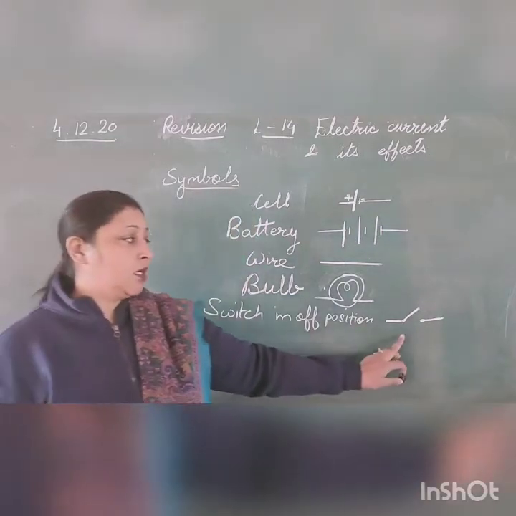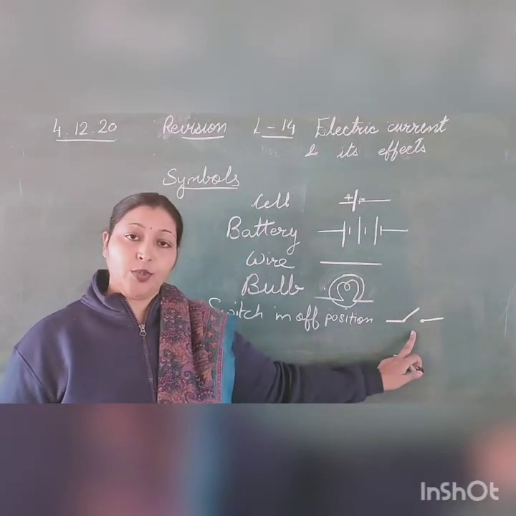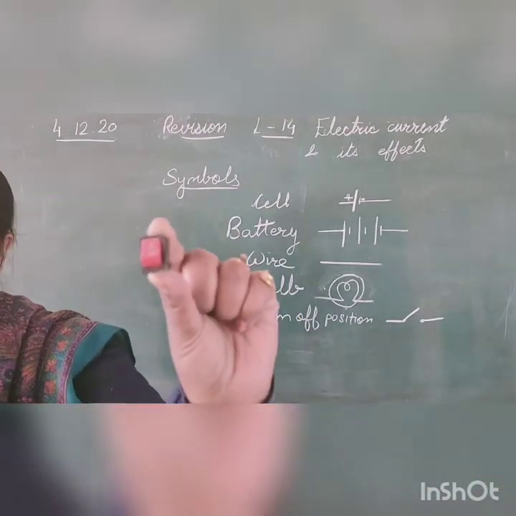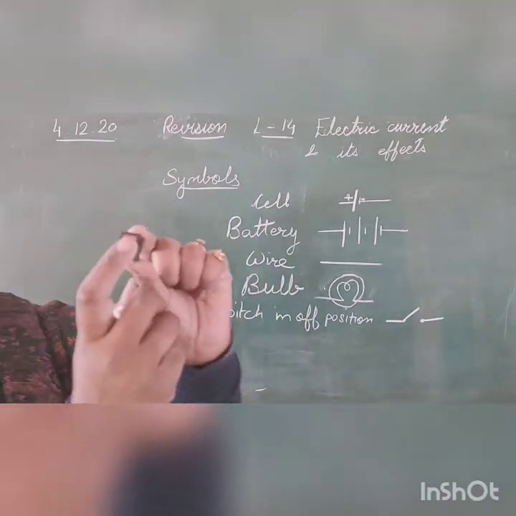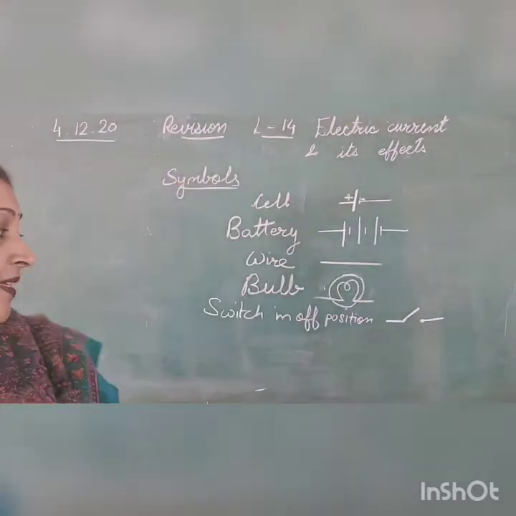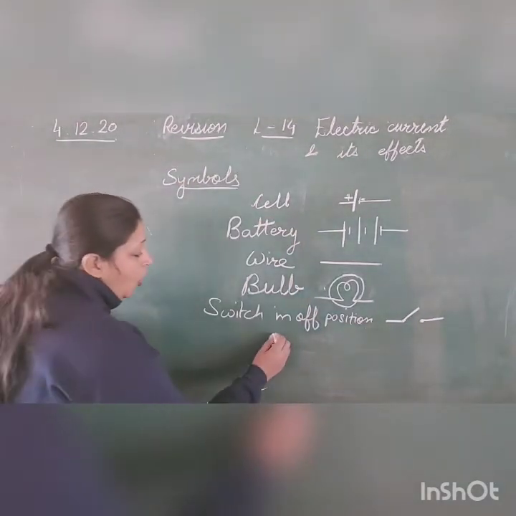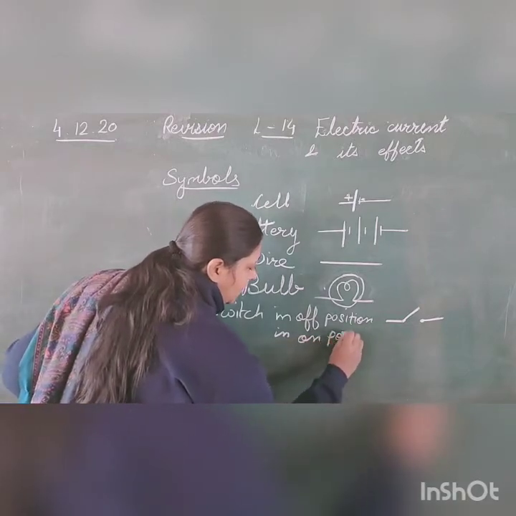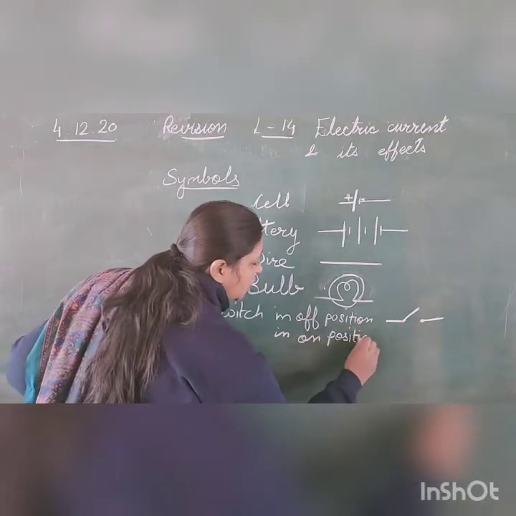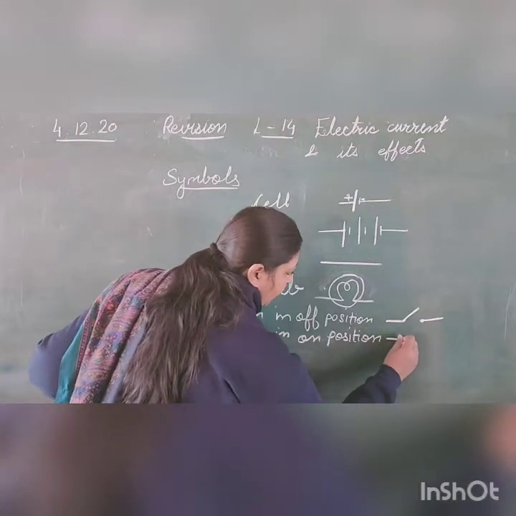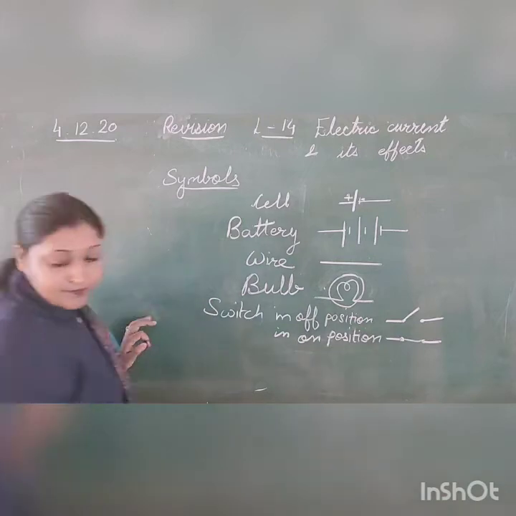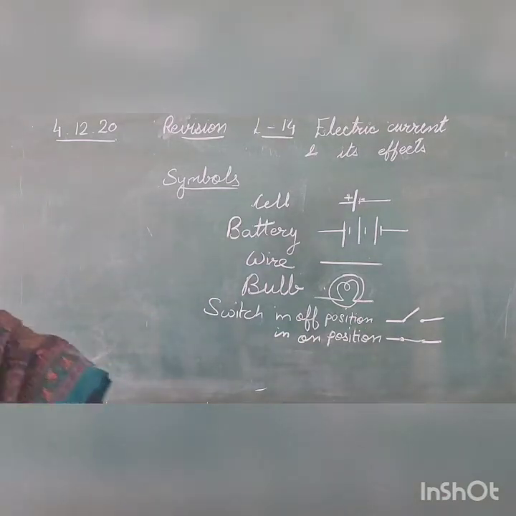Now it is an open switch, or in off position, like it is here. And when you turn it down, it is in on position. A switch in on position is called a closed switch. For this, you can draw your switch like this. So this is a switch.